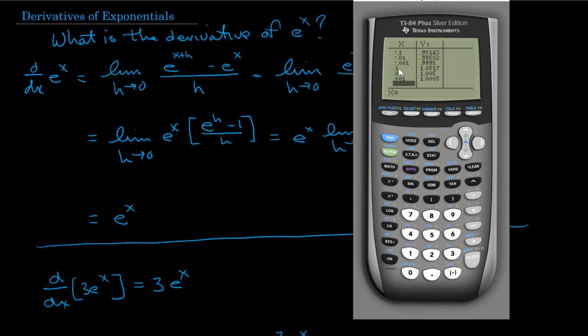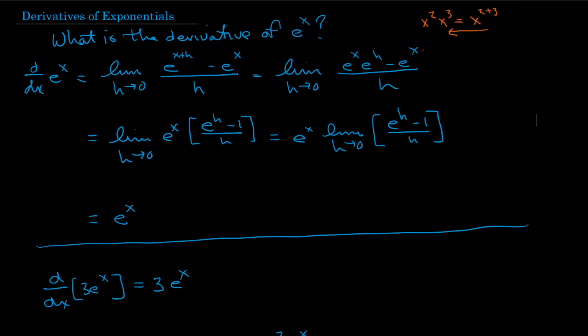If I come in towards 0 from the right-hand side, for example, 0.1, 0.01, 0.001, I'm getting 1.05, 1.005, 1.0005. This limit is actually approaching a value of 1. So this whole deal here, this limit equals 1 based on what you just saw there in the calculator.